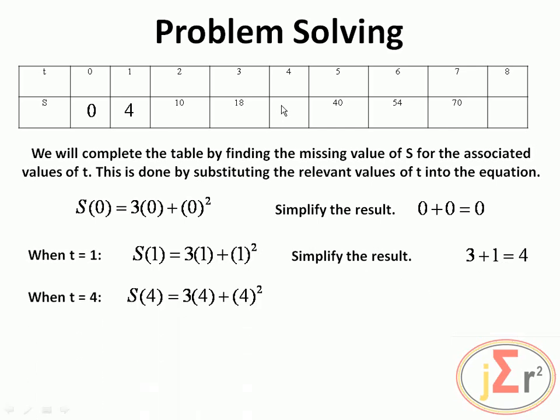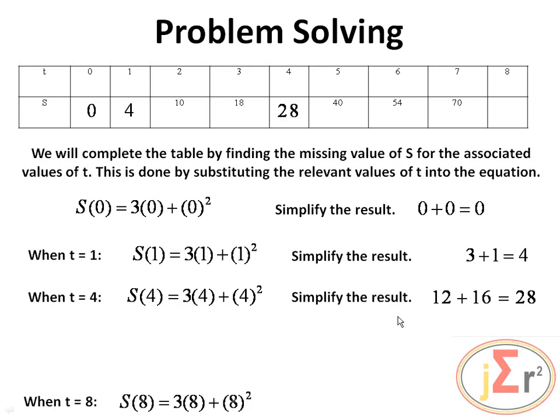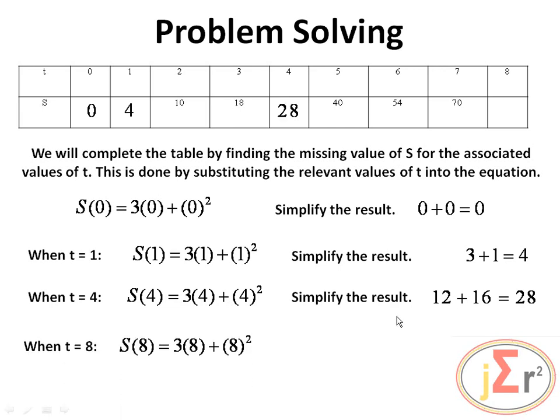And we are going to move on to t is equal to 4. So 3 times 4 plus 4 squared. 3 fours are 12. 4 times 4 is 16. So 12 plus 16, and that is equal to 28. Finally, t is equal to 8.